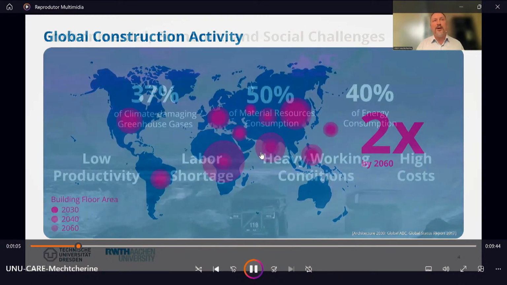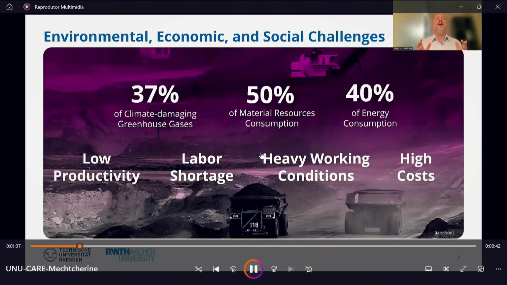But already now, construction is a major emitter of greenhouse gases and one of the largest consumers of energy and natural resources. The industry is also struggling with low productivity, labor shortages and high costs, all of which hinder its development. So the question is, can we overcome these challenges?